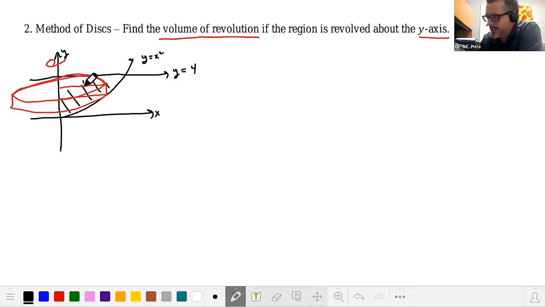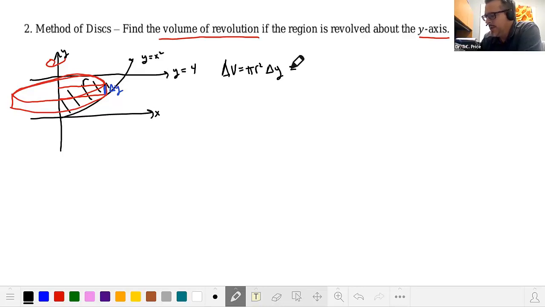The disk has a radius r, and notice it has a small change in the sort of vertical, so that's our delta y. And so our delta V here will be equal to pi r squared. That gives us the area of this disk right here, and then we're going to multiply it by delta y to get the volume.